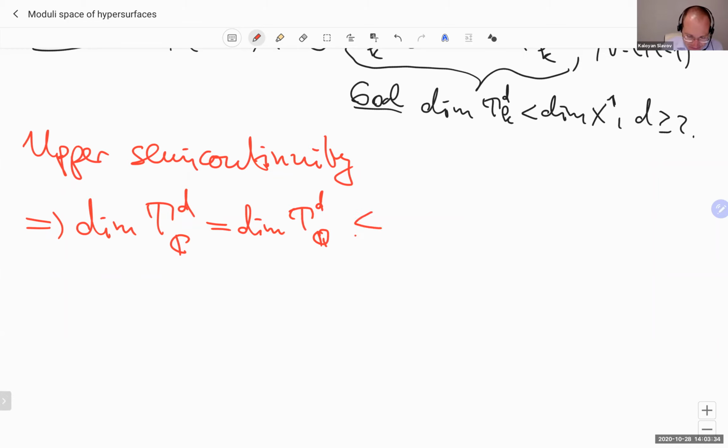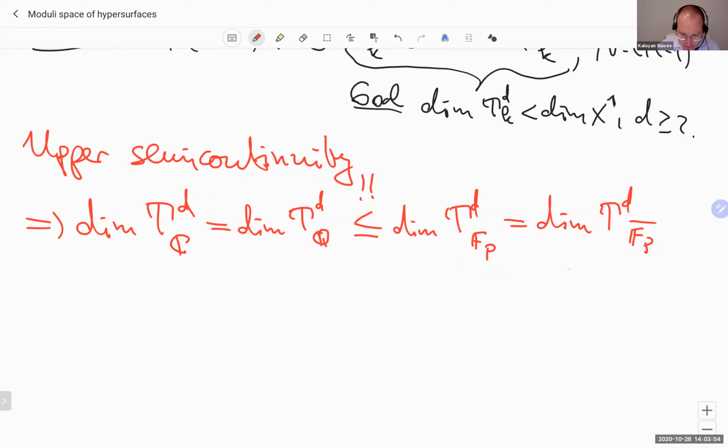But here we use upper semi-continuity. This is less than or equal to the dimension of TD over FP. This is a special fiber, and on the left we have the generic fiber. And this is surely equal to the dimension of TD over FP bar, where P is any prime. So if we have to give an upper bound on the dimension of TD, it suffices to do it there.